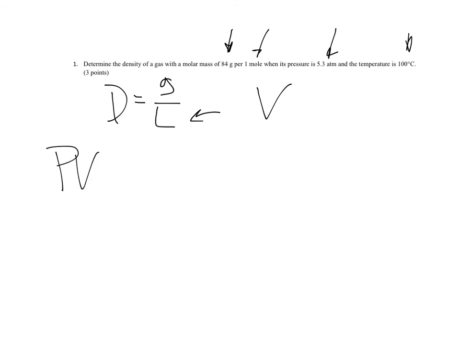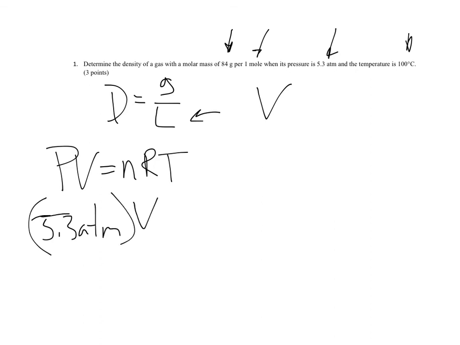So again, anytime you've got moles, you're probably looking at pressure times volume equals nRT. Pressure, 5.3 atmospheres, times the volume, which is what we want to know, equals the number of moles.